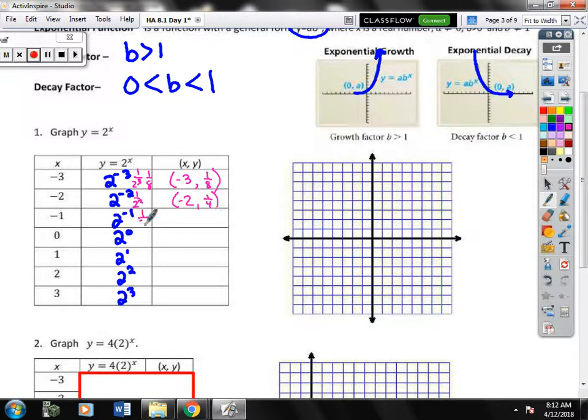This would be 1 over 2 to the positive 1, which is just 1/2. Anything to the 0 power is what? 1. And then the rest of them are easy. 1, 2, 2, 4, and 3, 8.